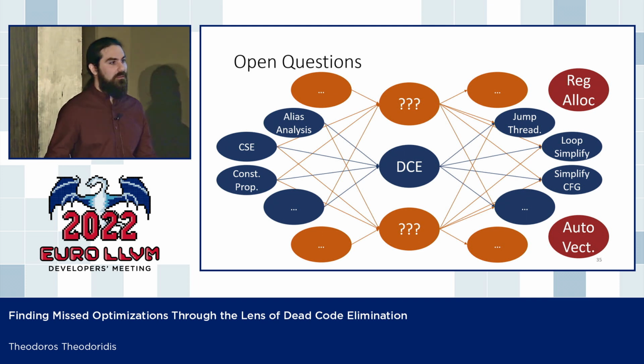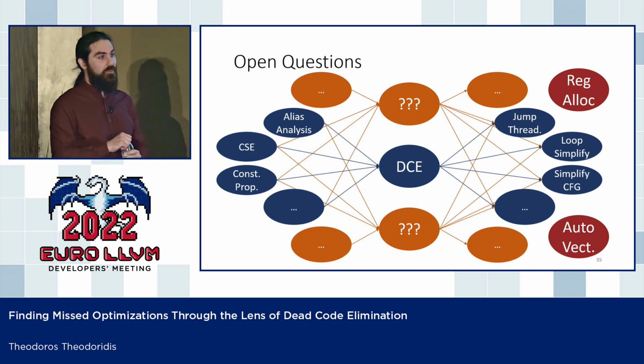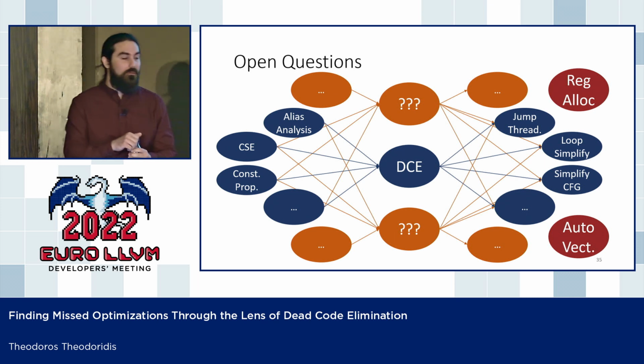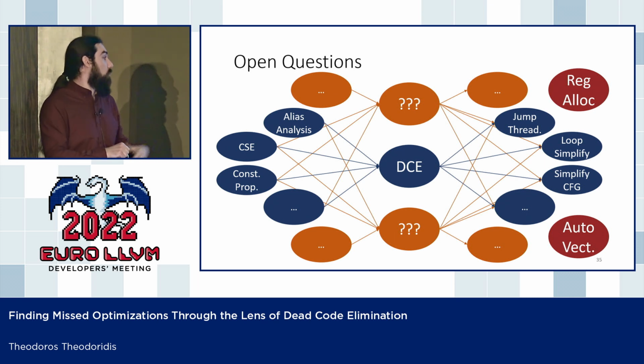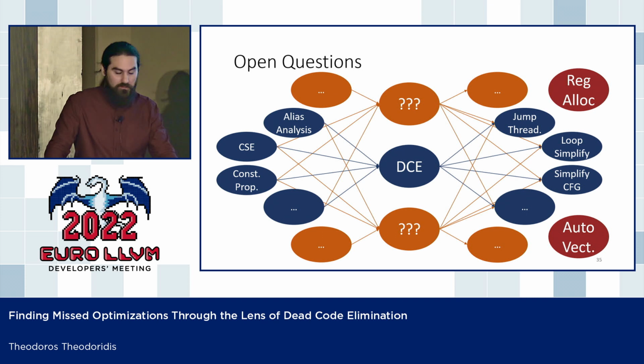Obviously, this cannot be done in the general case, but maybe there are special cases or special applications where this is possible. Maybe, for example, when we generate GPU code. Or maybe other more complicated cases can be reduced down to this. So again, if you have any ideas, please feel free to reach out, and I would be very happy to discuss.